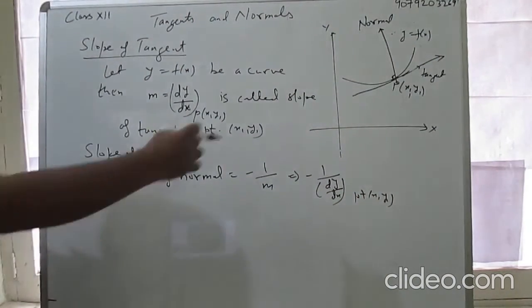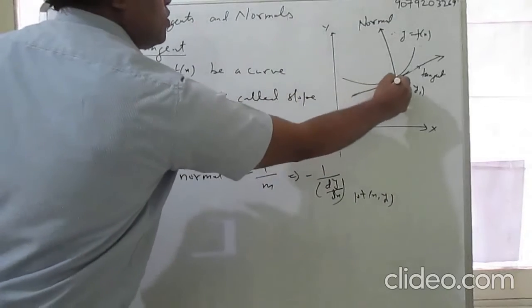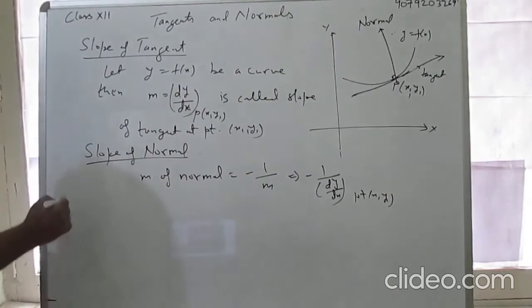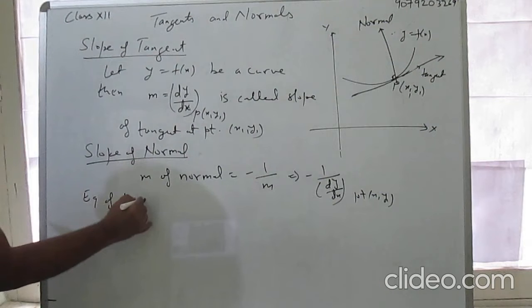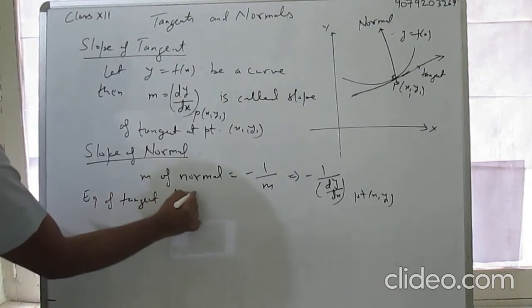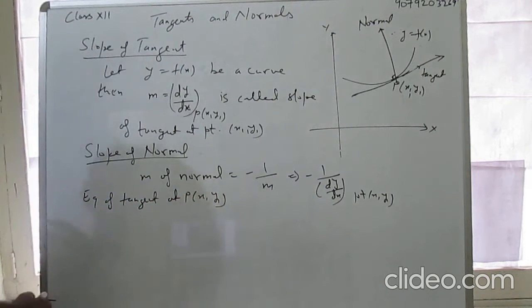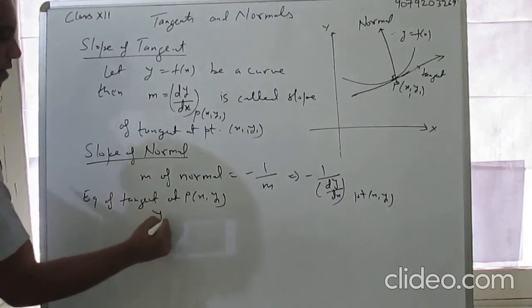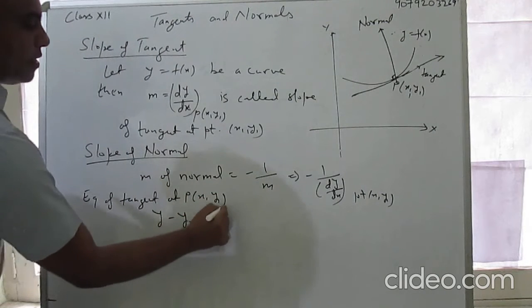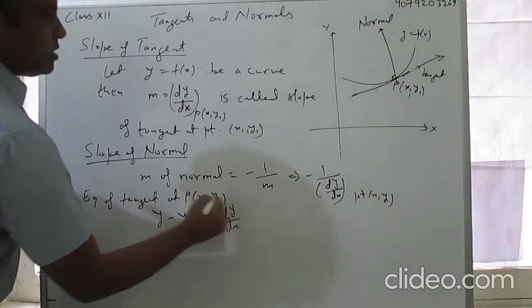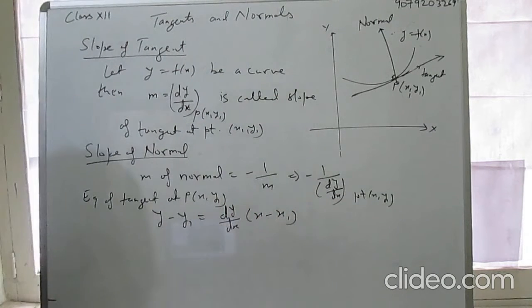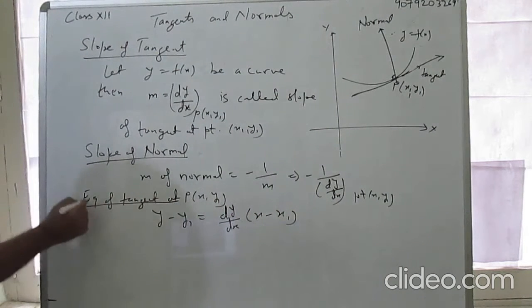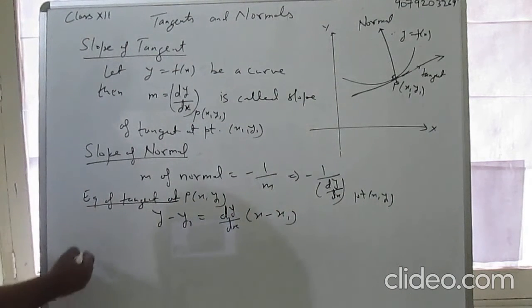Now, what is the equation of tangent at point x1, y1? Equation of tangent at point x1, y1, it is a line, so y minus y1 is equal to dy by dx into x minus x1. It is the equation of tangent at point x1, y1.